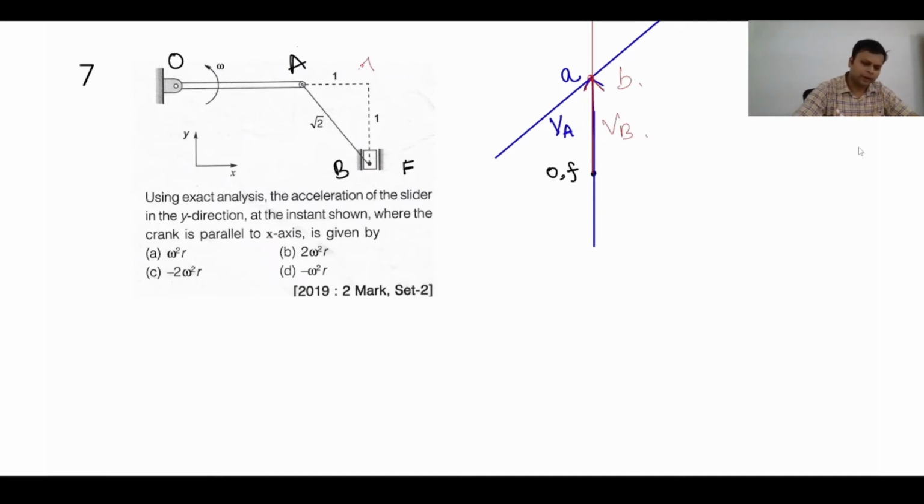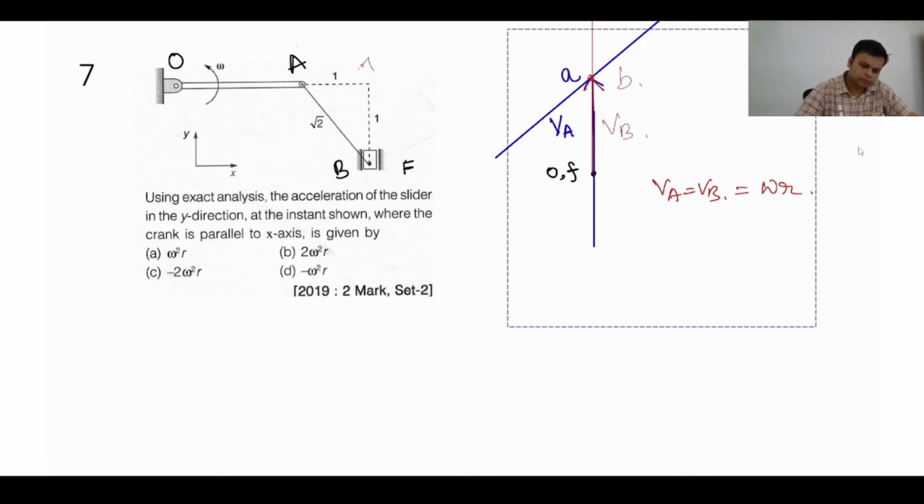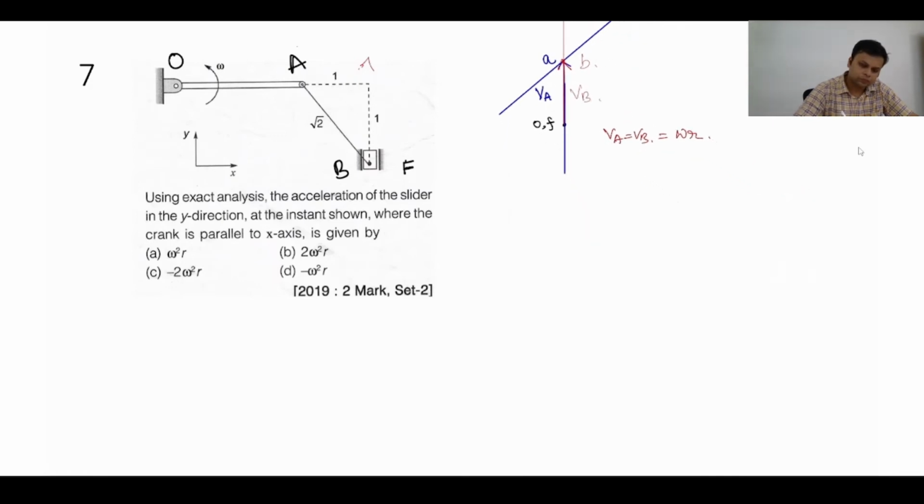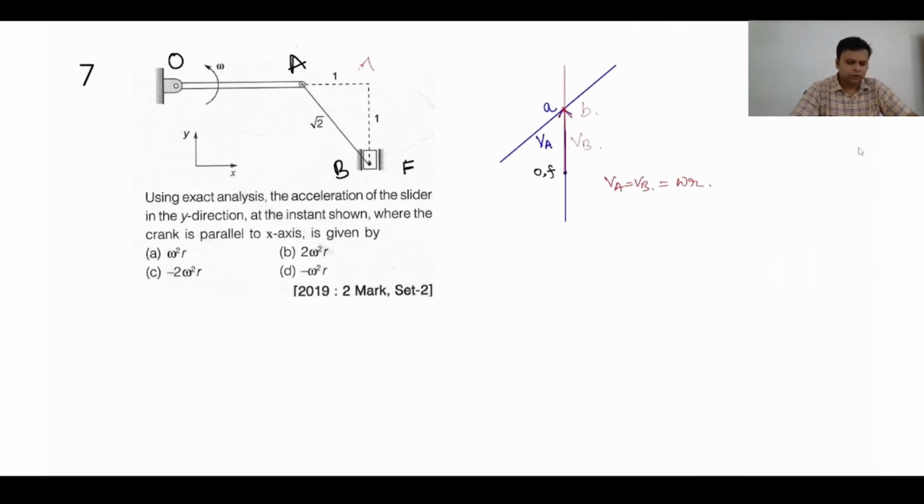So from this diagram, I can comment that VA is equal to V, which is omega R. So this is the velocity diagram.